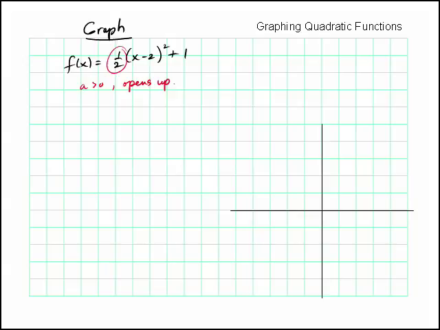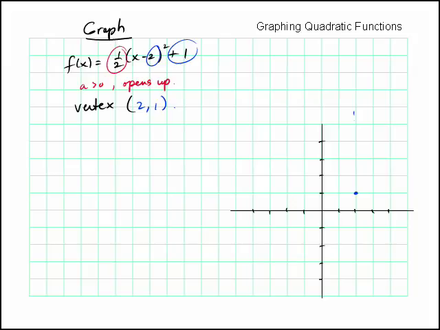The vertex is at 2, 1. All right, so let's plot that. 2, 1 is right here.